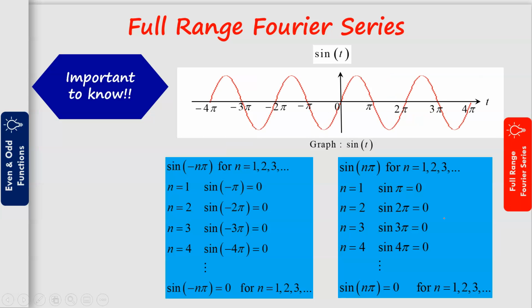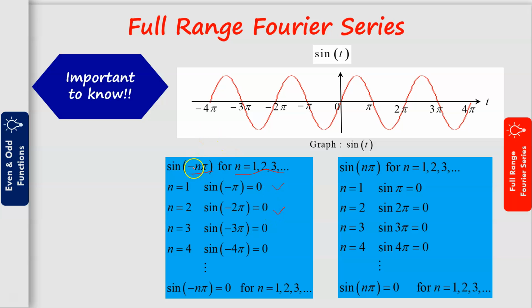So class, before we go further to the example, you have to know the important part here. The sine function is an odd function. So if you compute sin of negative n pi, where n equal to 1, 2, 3 and so on, you can see when n equal to 1, sin negative pi you get equal to 0. And n equal to 2, sin negative 2 pi you get equal to 0.